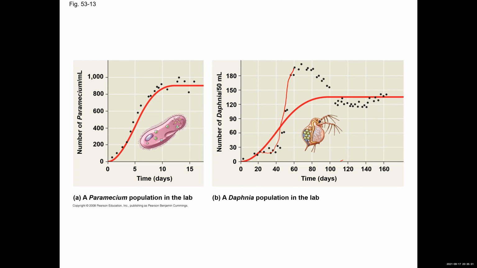Well, what's going to happen after that is that now there's too few resources for the number of individuals in that environment. And so we're going to have some of them dying, right? So there's not enough resources to go around. And so the population size is going to drop again. And it may overshoot.